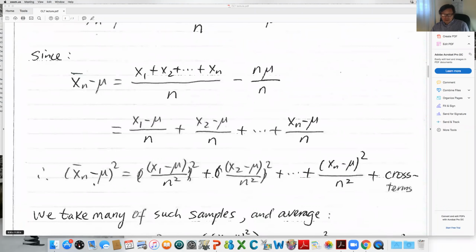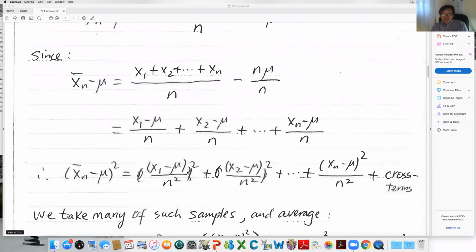Now if I square this term, this is just algebra: a plus b plus c plus d and so forth. If I square it, I get a squared plus b squared plus c squared plus d squared, and then a bunch of cross terms.